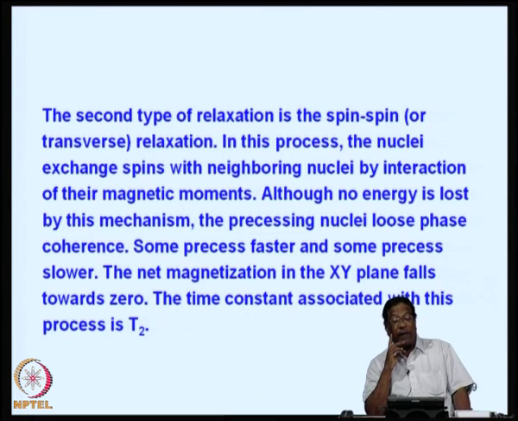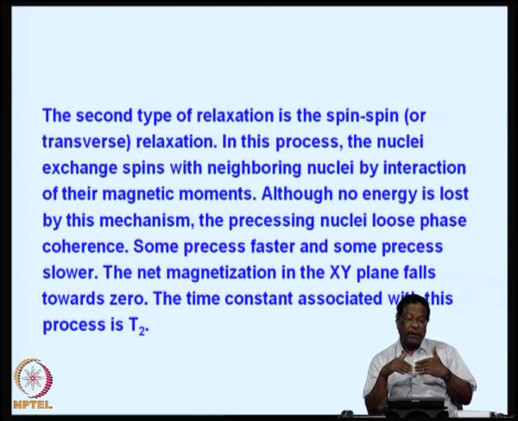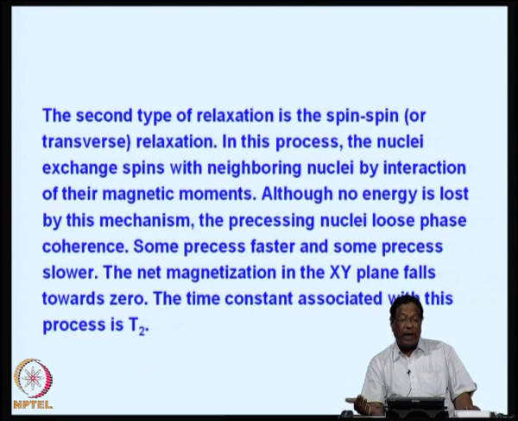The second type of relaxation is the spin-spin transverse relaxation. In this process, the nuclei exchange spins with neighboring nuclei by interaction of their magnetic moments.